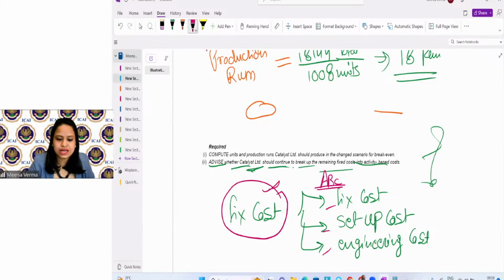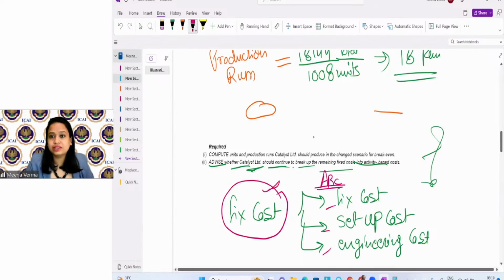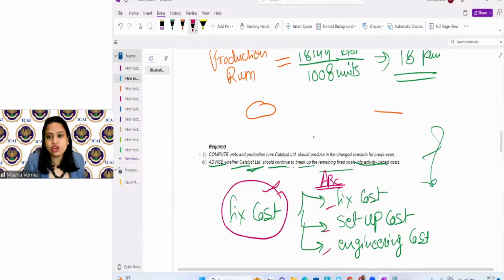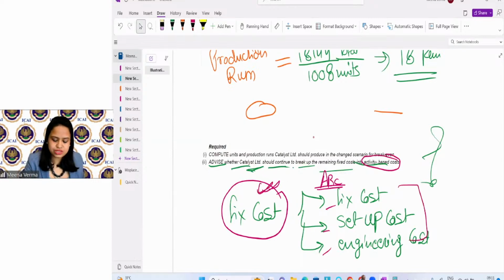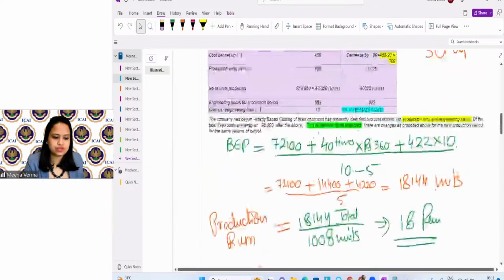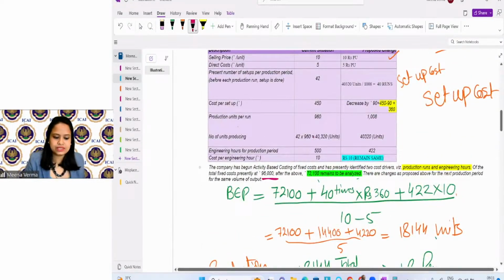Now they're asking you: is it necessary or is it good if you're classifying your entire fixed cost into this form? Because you can see earlier the fixed cost was given. The fixed cost was 96,000.